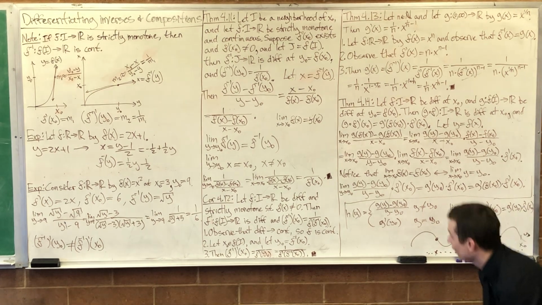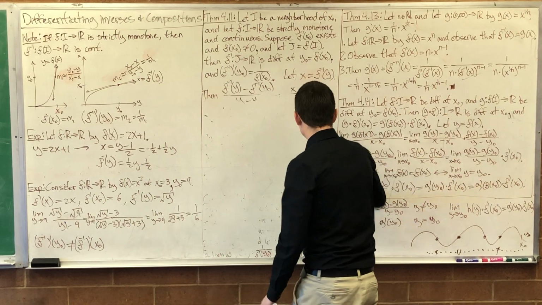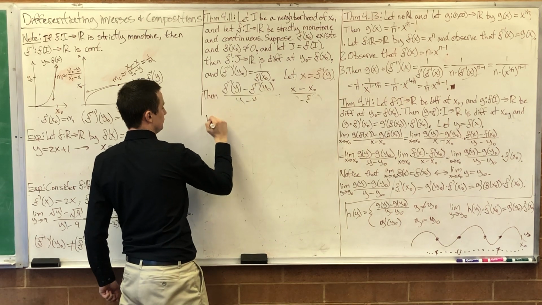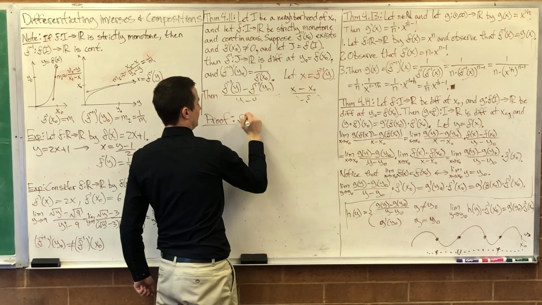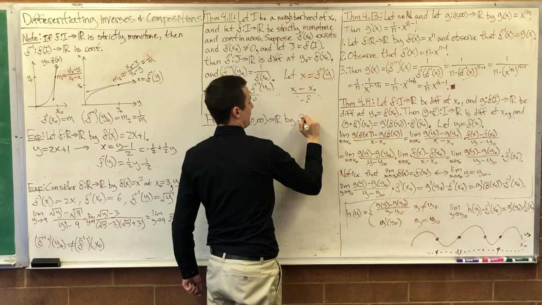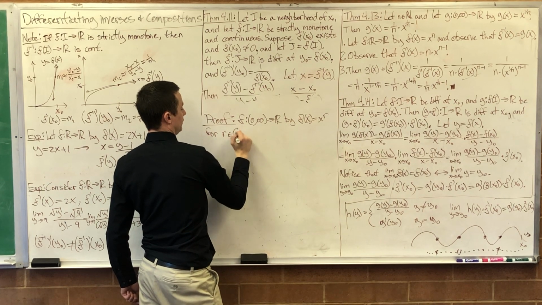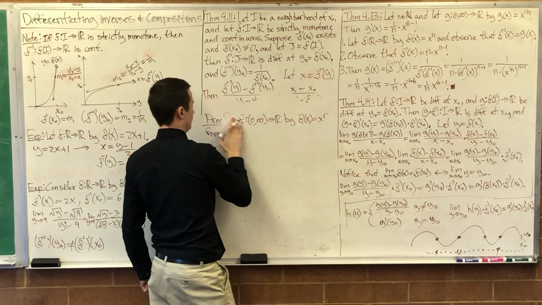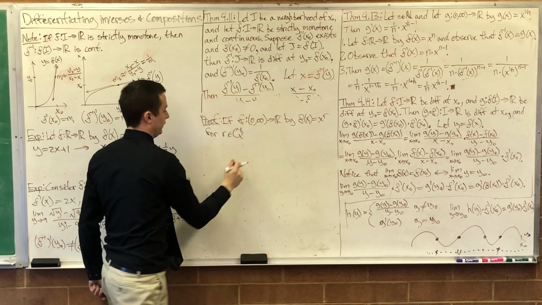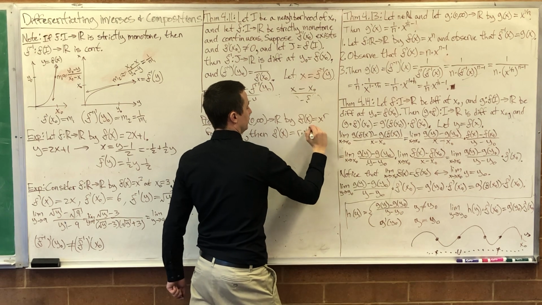Good? Okay, so the last thing that we need to prove now is that if f from 0 to infinity to r, by f of x equal to x to the r, for r in q, for some rational number, then f prime of x is equal to r times x to the r minus 1.